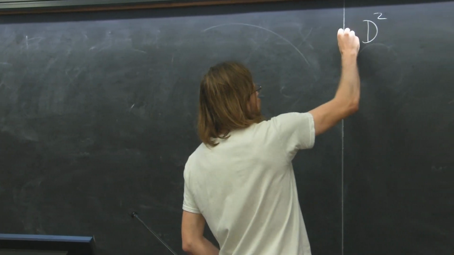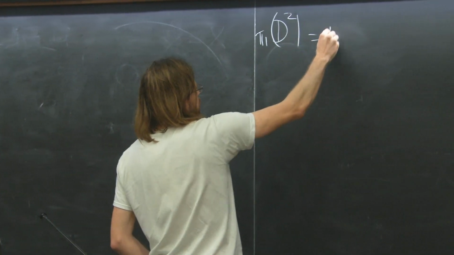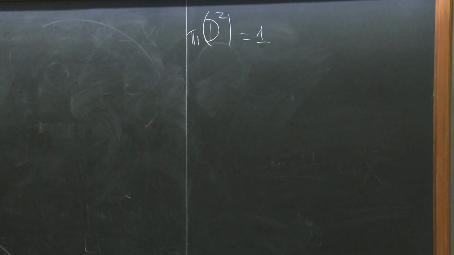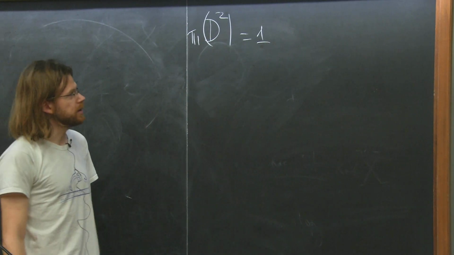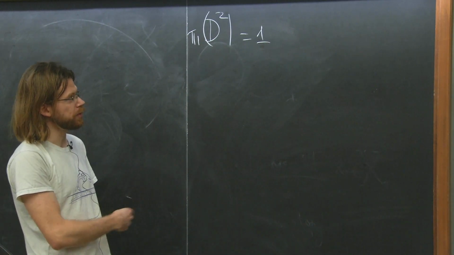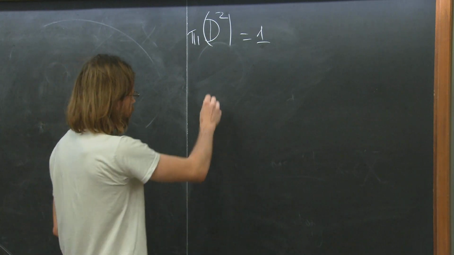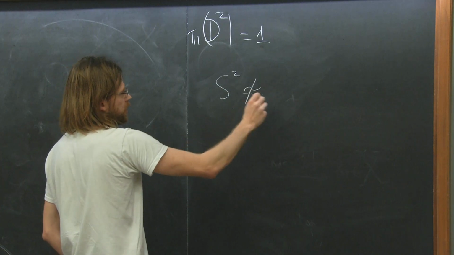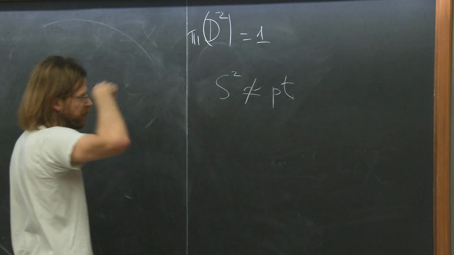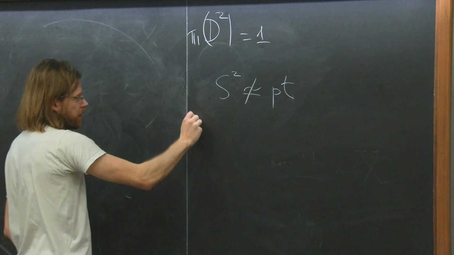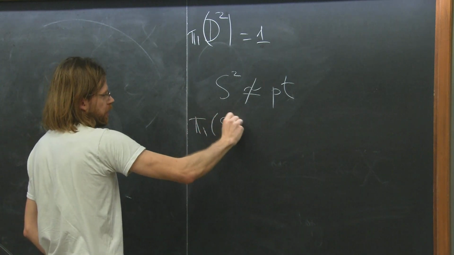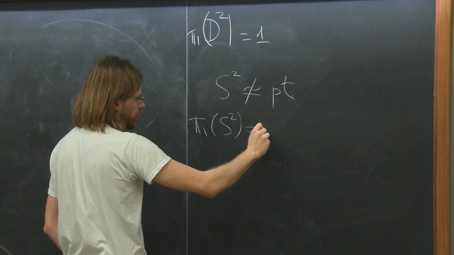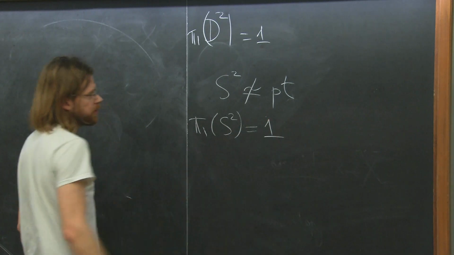So in particular, pi 1 of a disk is trivial, but a disk is not homeomorphic to a point. Well, it's homotopic to a point, but there are also other examples. If you take, for example, a sphere, it is not homotopic to a one-point space, but still for a sphere, the fundamental group is trivial.